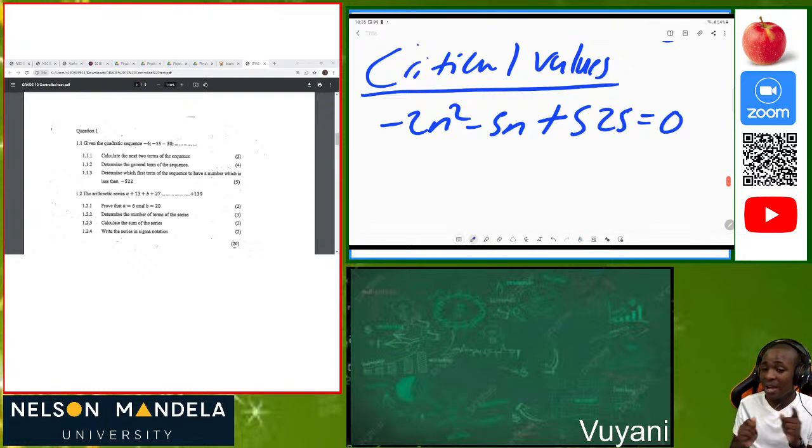If it is difficult for you to determine the factors, or to simplify this to get the factors, don't worry, there is always the quadratic formula. Use the quadratic formula to determine this.